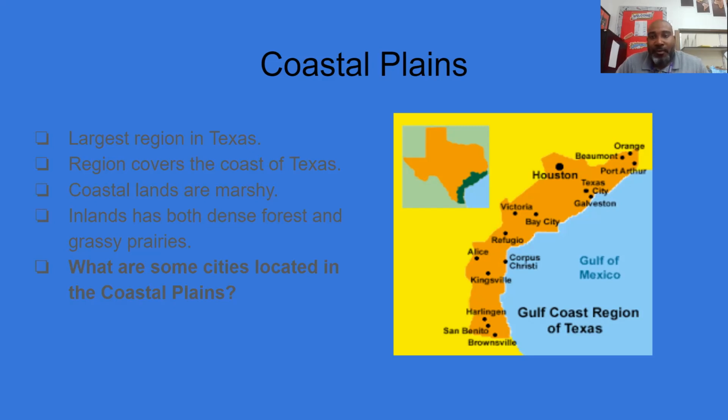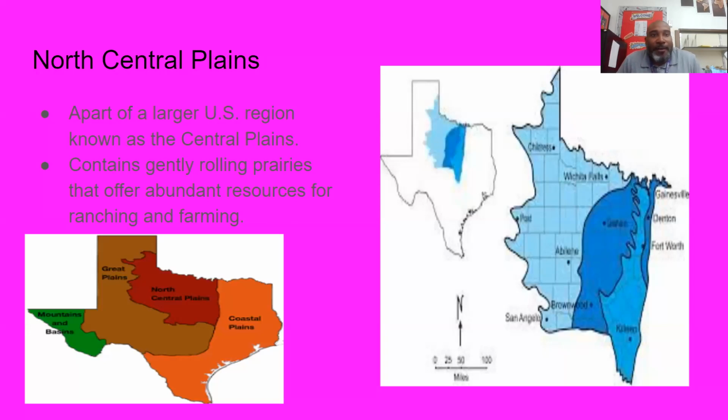What are some major cities on the coastal region? You have Houston, Galveston, Corpus Christi, and believe it or not, San Antonio is also a part of the Gulf Coast region, coastal plains.